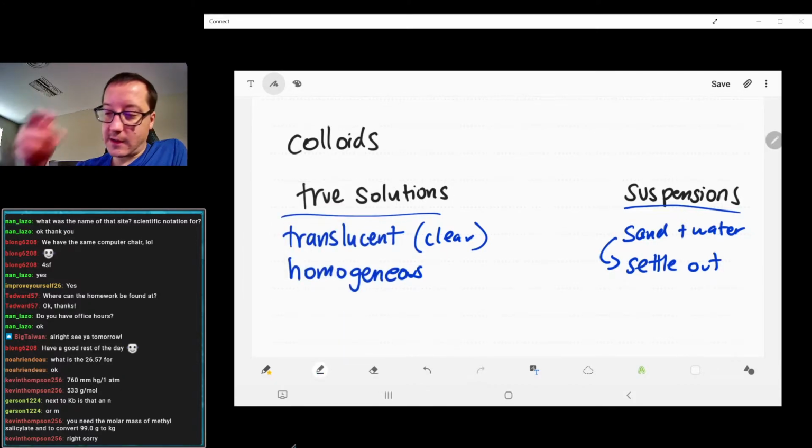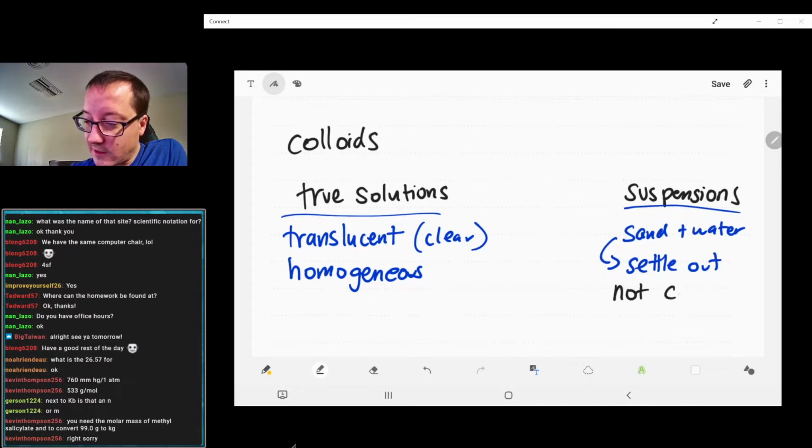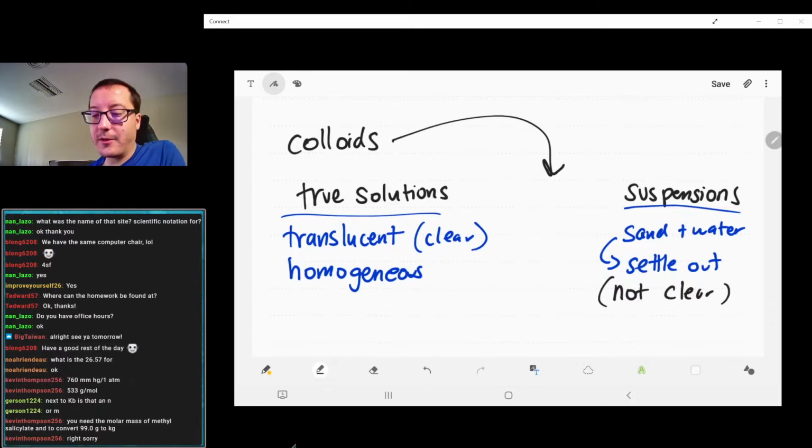And so we're going to see that these are also not clear, by the way, whereas true solutions were. In the middle, though, that's where colloids are going to go. They're kind of in between true solutions and suspensions.